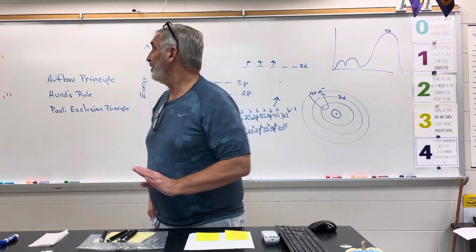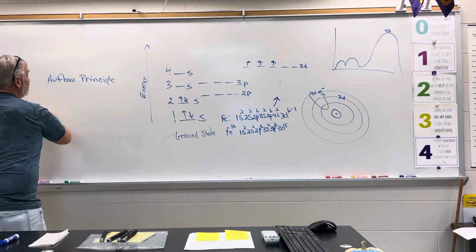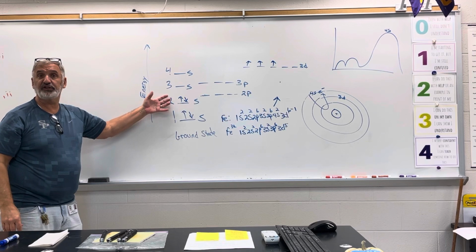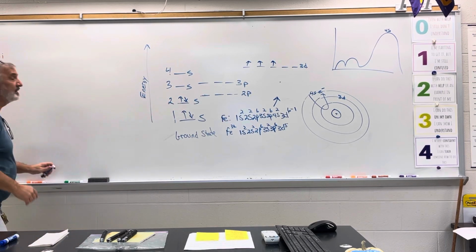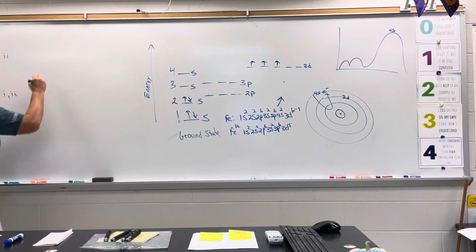When an electron transitions from a higher to a lower energy level, it gives off energy in the form of photons. You did a whole bunch of practice problems on that worksheet using E equals h nu.